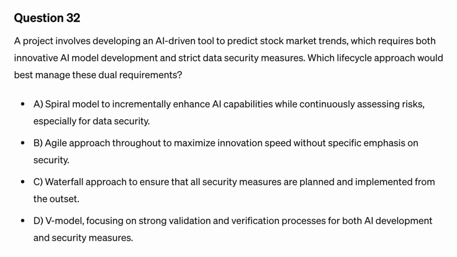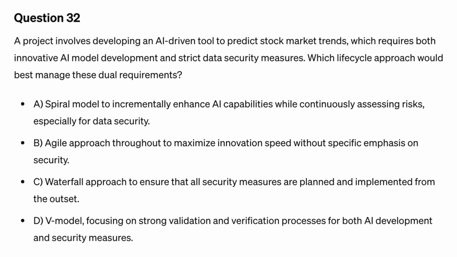Question 32. A project involves developing an AI-driven tool to predict stock market trends, which requires both innovative AI model development and strict data security measures. Which lifecycle approach would best manage these dual requirements? A. A spiral model to incrementally enhance AI capabilities while continuously assessing risks, especially for data security.